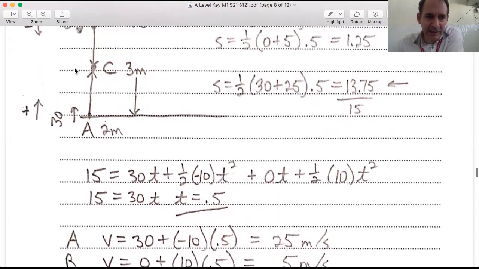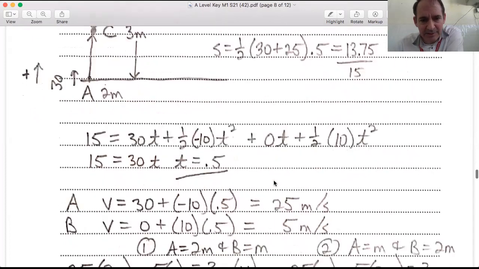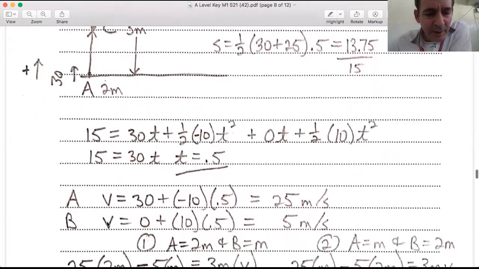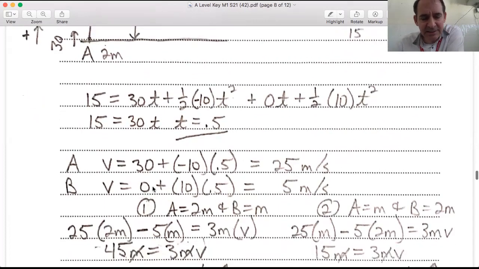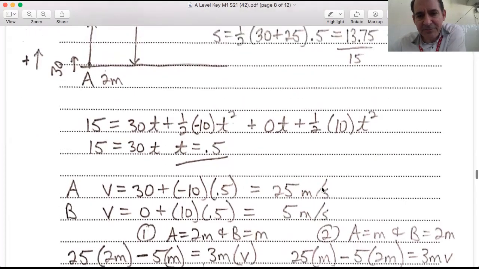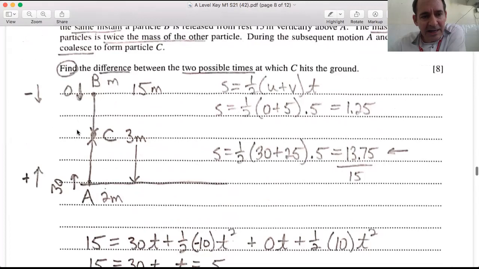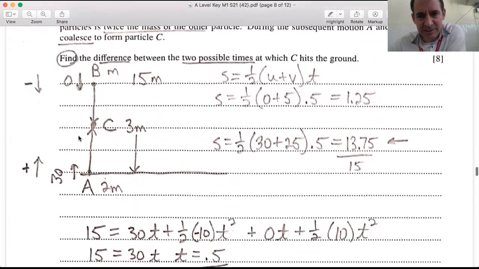For object B, its final velocity equals initial velocity at rest plus +10, again pulling you away from your point of reference, times 0.5, and you get a velocity of 5. So it's going 5 meters per second upon collision.